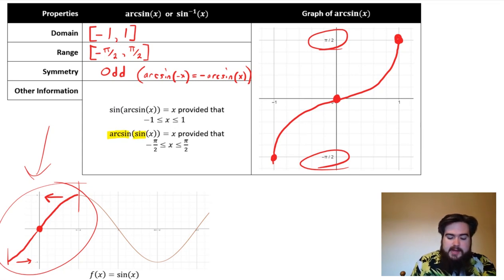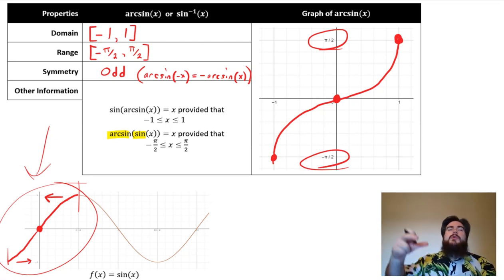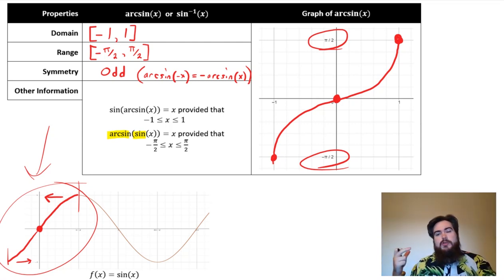Arcsine of sine of x, which is what you're going to do more often than not. If you have a trig function and you want to get rid of it, you're going to apply the inverse trig function to both sides. If you do that, it will cancel each other out, as long as that value of x is between negative pi halves and pi halves.